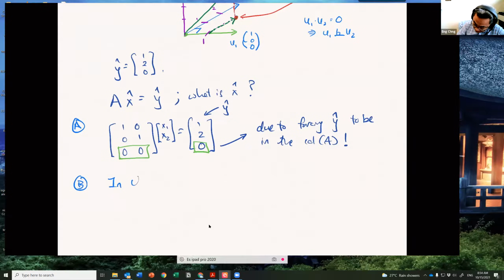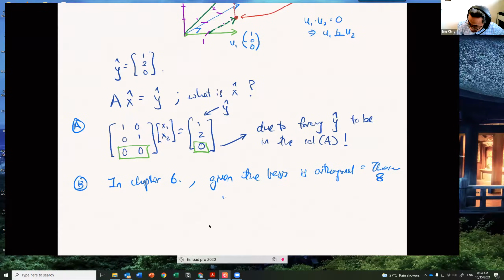In chapter 6, we solve it differently. Given the basis is orthogonal, we apply theorem number 8.